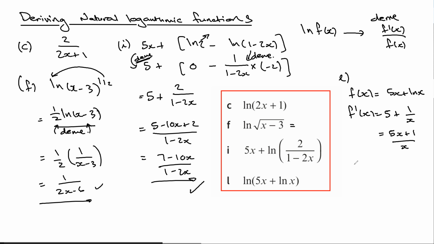And now I'm going to divide that. So f dash divided by f implies that, which is (5x plus 1) divided by x, divided by my original function f, which is 5x plus ln x.